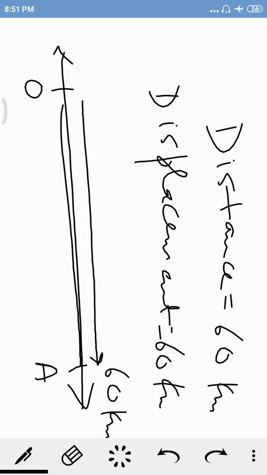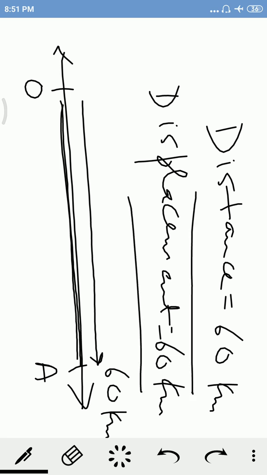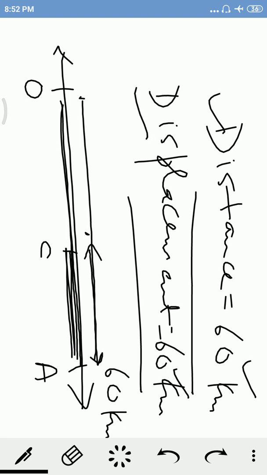So you can see that the distance and displacement both are equal, and they will remain equal as long as the object moves in a straight line. Now as it returns to point C, which is 35 kilometer away from point A, distance and displacement change. Now distance will become 95 kilometer and displacement will become 25 kilometer. So distance and displacement can be equal, but displacement cannot be greater than distance.